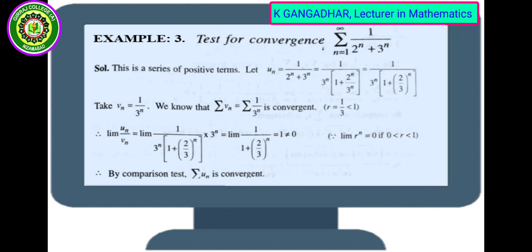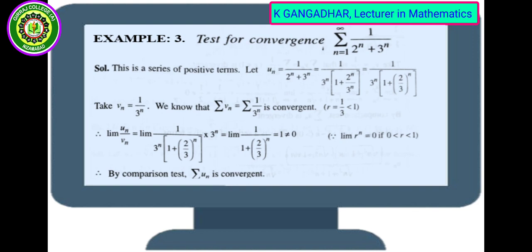So now we find the Un by Vn limit. That value we get 1. 1 by 1 plus 0 equal to 1, not equal to 0. So here sigma Vn equal to sigma 1 by 3 whole power n.